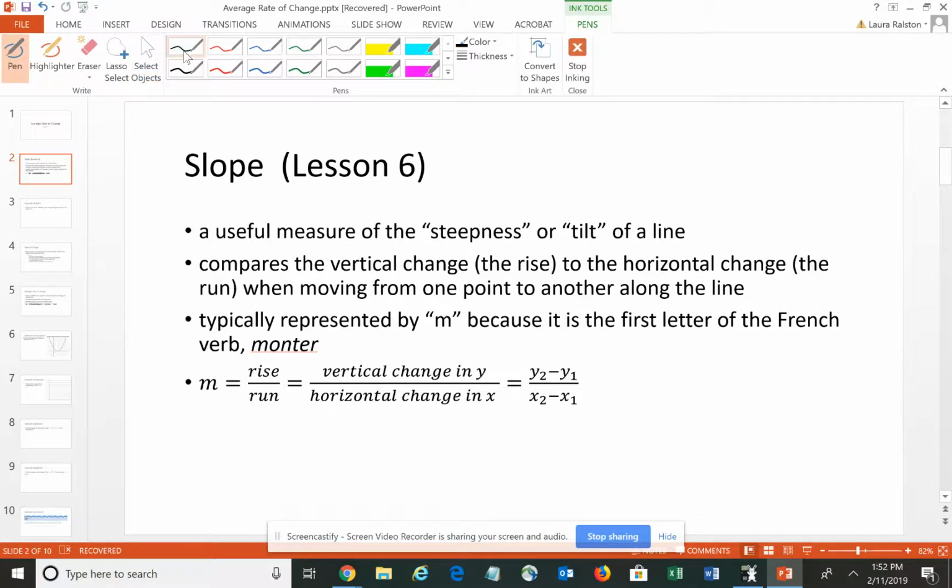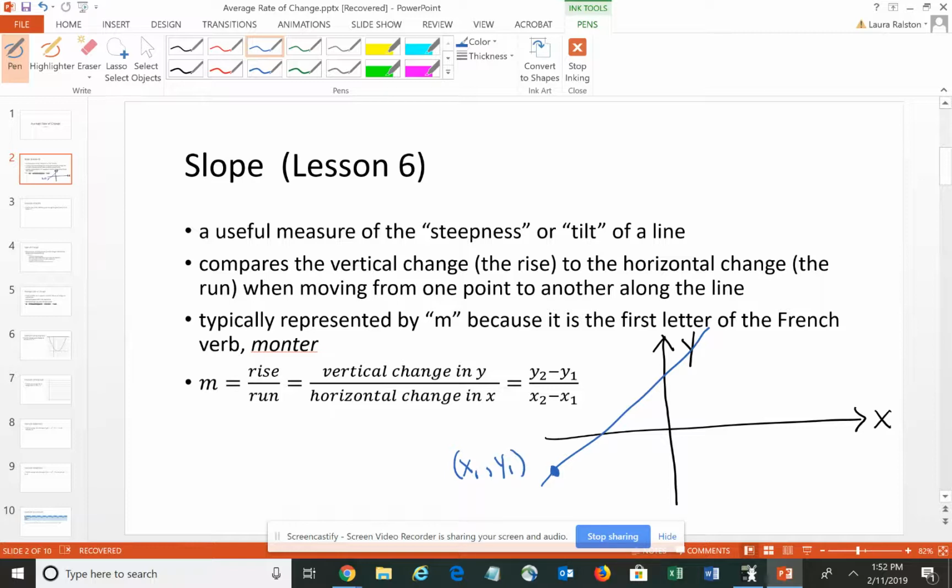Let's see if I can sketch you a rough picture here of what goes on. So you have our good old everyday coordinate grid system. The horizontal axis is X, the vertical axis is Y, and you would have a line, and we would want to consider the relationship as we move from one point to a second point.